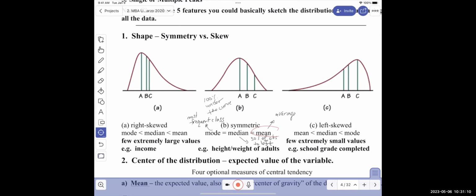And when you look at spending, spending is related to income. So if you look at incomes of a group, and you make a stem and leaf plot or histogram and smooth it out, it will have a right skewed distribution.